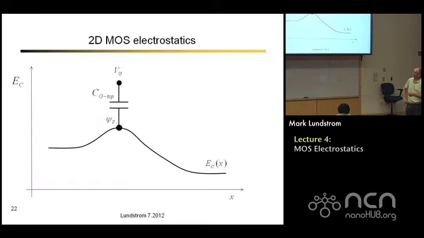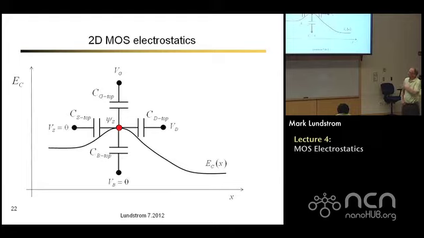And a way that you can think about this is that we've got this gate capacitor that is modulating the potential barrier. That's what we would like to happen. But we've also got a big drain voltage, and the drain is not that far away. And the drain field can also get over there and pull the barrier down. So it's like there's a capacitor connected between the drain and the top of the barrier. And it's a symmetrical device. There's actually one to the source too, and it's a 4-terminal device, so there's one to the bulk.